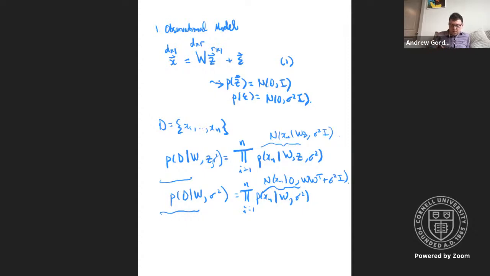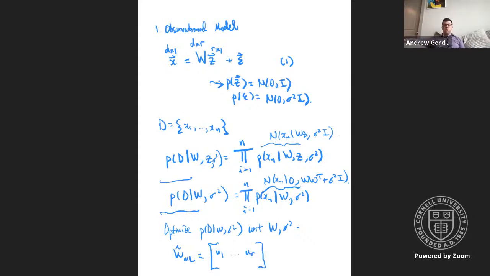Next step, optimize P of D given W, sigma squared with respect to W, sigma squared. So just maximum likelihood. And when we do that, we find that the columns of W are the eigenvectors of the empirical covariance matrix for the data. So that's an exact recovery of PCA.